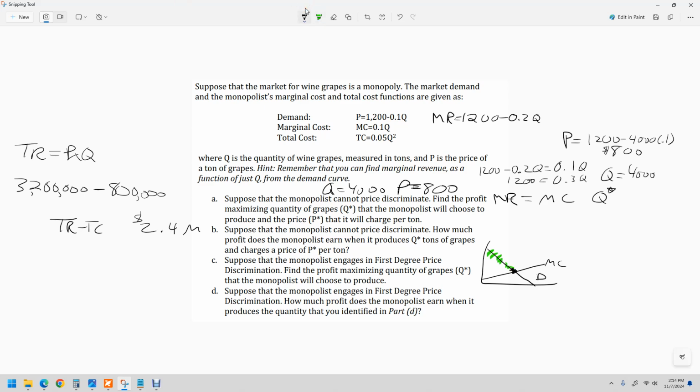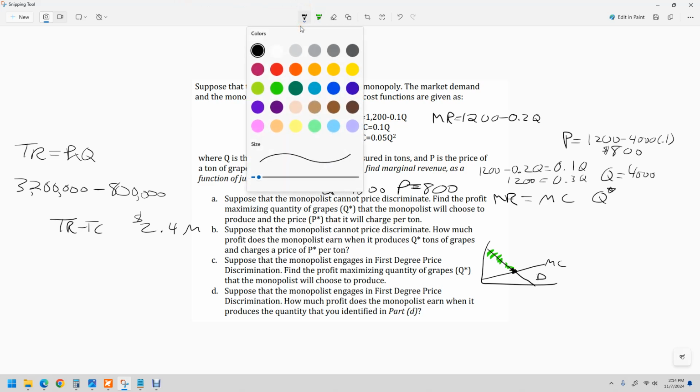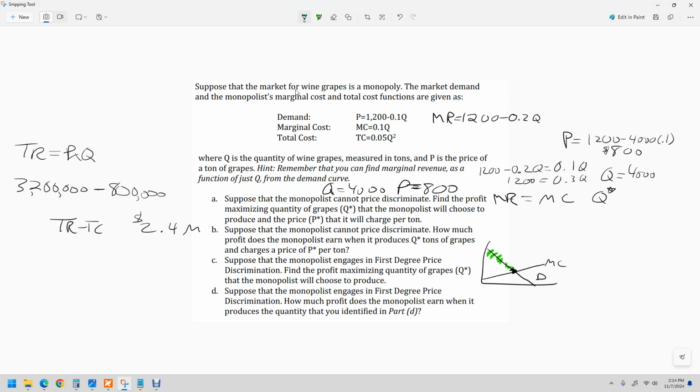So what we do to find that, let's get a good green here. We want to know where demand equals marginal cost, and that's going to give us the quantity. So that's the only thing we're solving for here. So 1200 minus 0.1 Q equals 0.1 Q. So then this would be 0.2 Q, 1200.